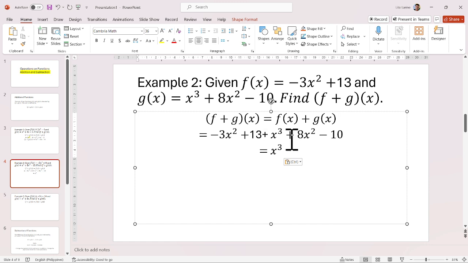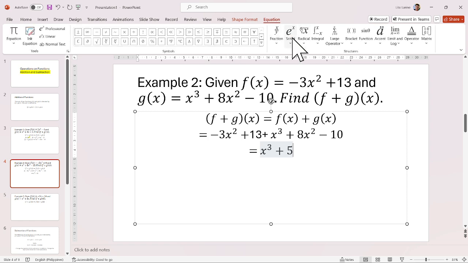That is negative 3 plus 8 is equal to positive 5, that is plus 5x squared. So when we add similar terms, we will just add the numerical coefficients and copy the variable and its exponent.